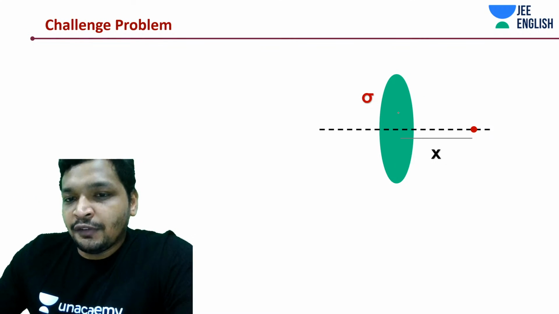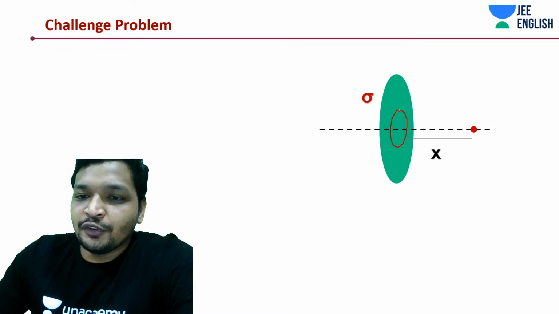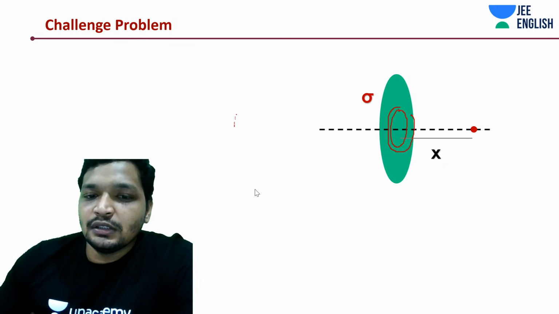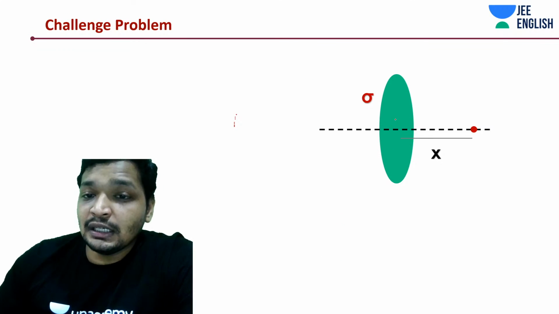If I'm going to take a small elemental ring, of course, that's what I'm going to do, a small elemental ring with some thickness. Okay, small elemental circular disc. This is a circular disc.